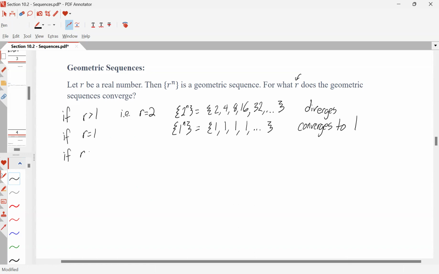If r is between 0 and 1, an example would be r equaling 1/2. Then our sequence 1/2 to the n would be the sequence 1/2, 1/4, 1/8, 1/16, 1/32, and so on.